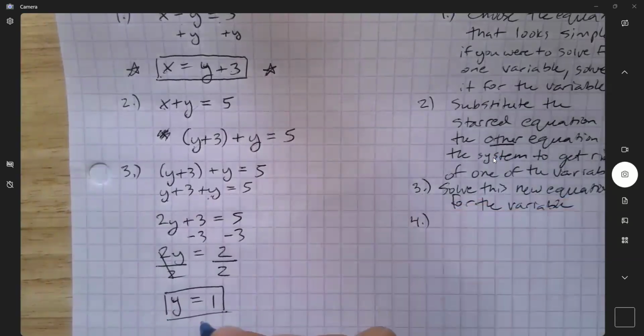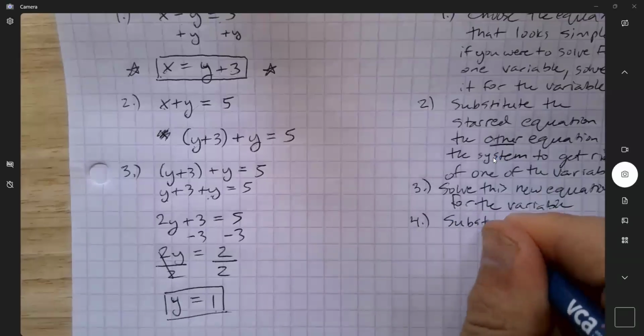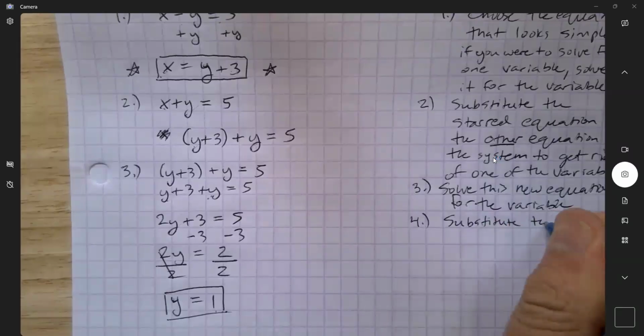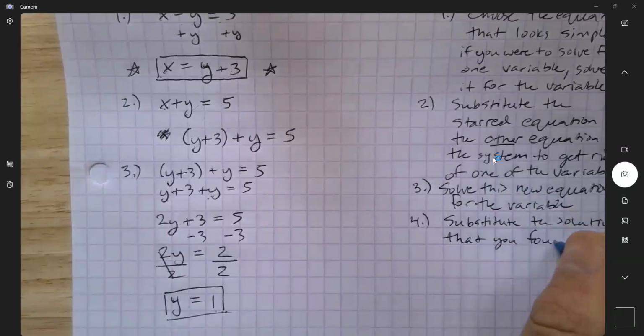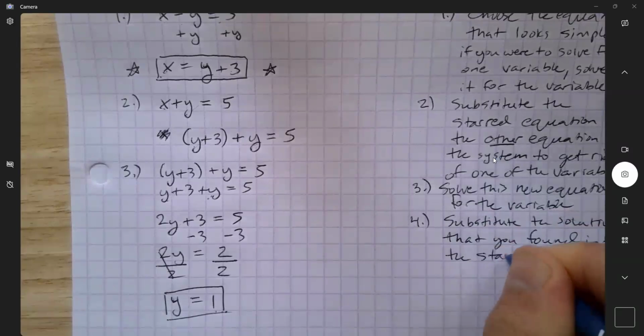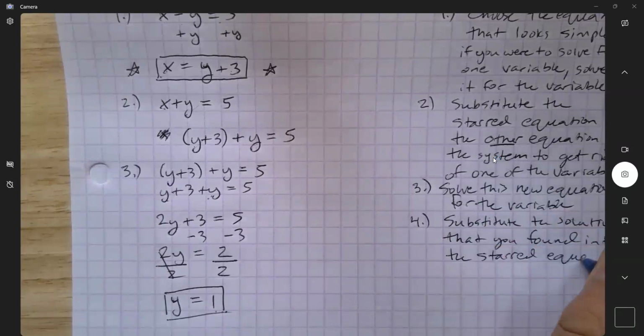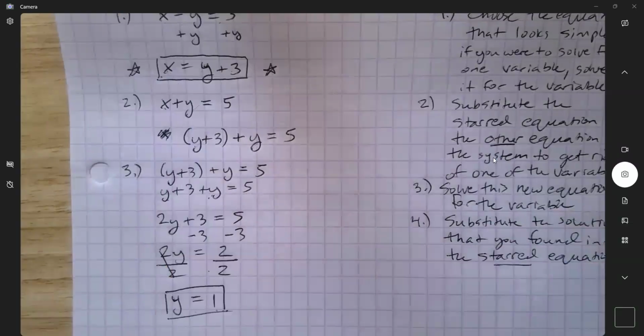So the next step after finding one of your solutions is to substitute the solution that you just found into the starred equation, because the starred equation will let me know what my other variable is.